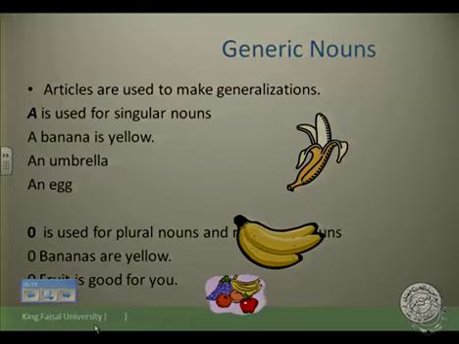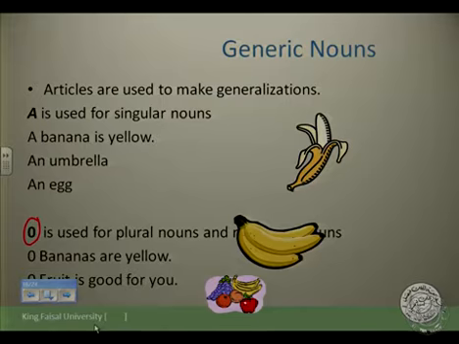A banana is yellow, it means we have one banana that is yellow. An umbrella, an egg, all of these things. Sometimes we use this to express that we do not use anything before the noun. It's used for plural nouns and non-countable nouns.